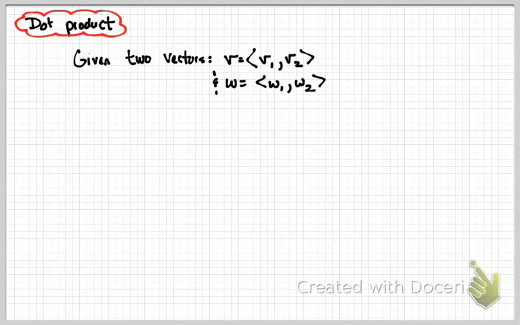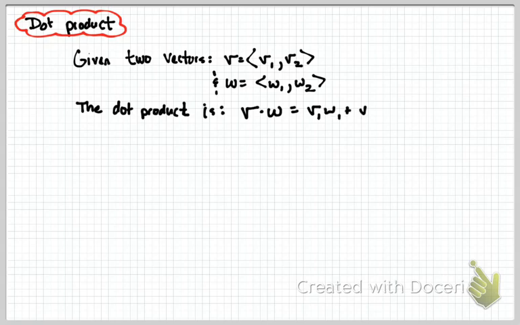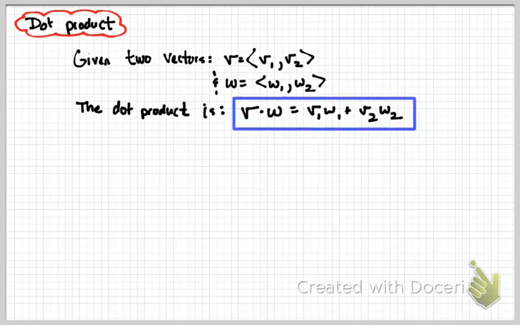Instead of adding them, the dot product of these two vectors is V times W. So now the idea is we're multiplying two vectors. V times W will equal V1 times W1 plus V2 times W2. Okay, and I know it probably looks complex, but it's actually rather quite simple.